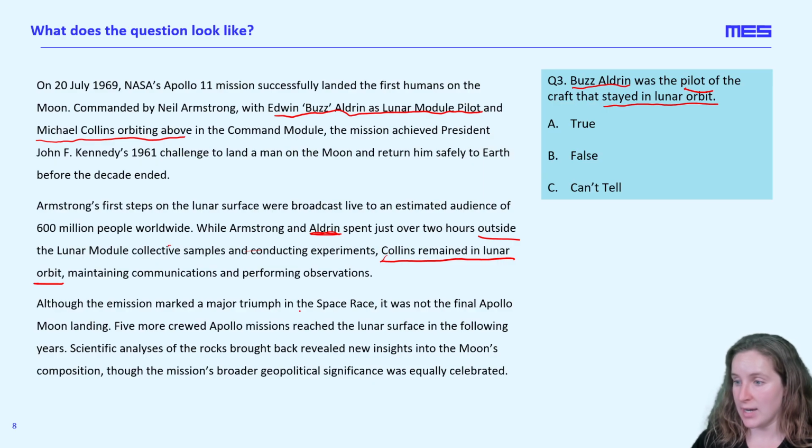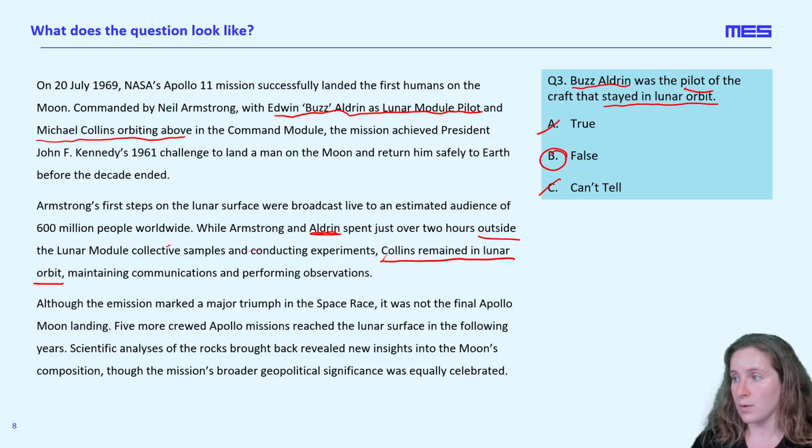And we cannot see any more information about the piloting of the Apollo 11 mission in that final paragraph. Let's take a look at our options here. It seems like it's definitely not true, but also it's not that we can't tell, because we know that it was indeed not Aldrin who stayed in the lunar orbit, but that it was Collins.